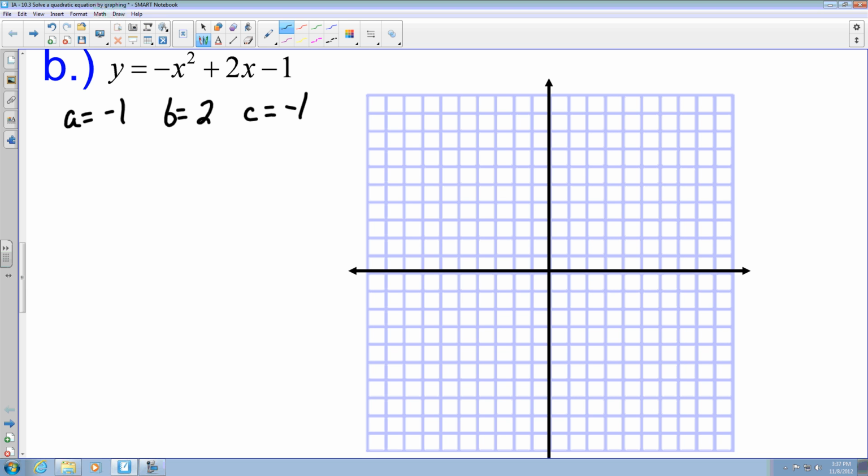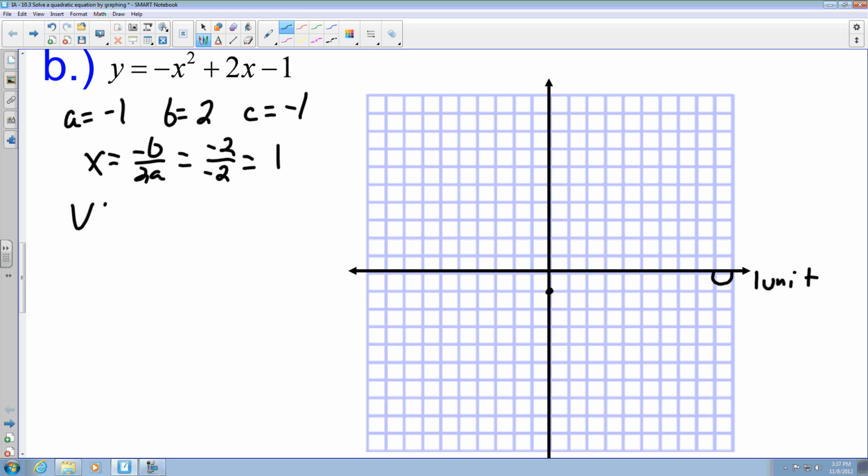Each one of these squares is 1 unit in measure, so our y-intercept is at 0, comma negative 1. To find the axis of symmetry, we go negative b over 2a, which equals negative 2 over negative 2, which equals 1.